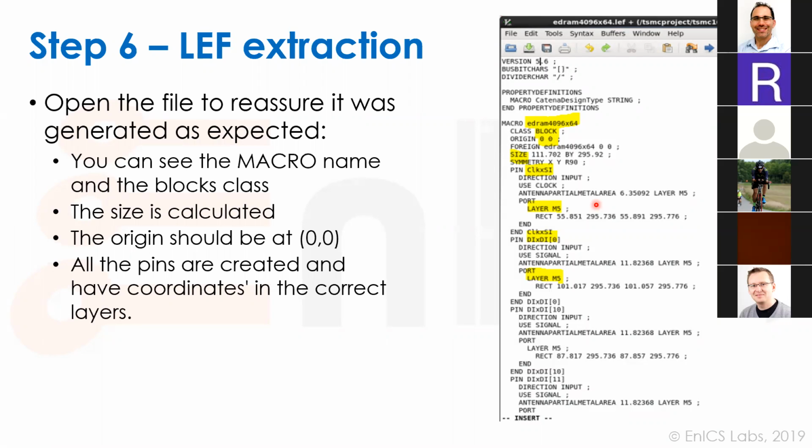The important thing here is to really open up the LEF, both the text, and probably import it into a viewer such as Virtuoso or the K2 viewer or into Novus, and look and see that what came out is clean, that it looks like what you wanted to have. The pin that the router is going to see is the pin you wanted it to see.